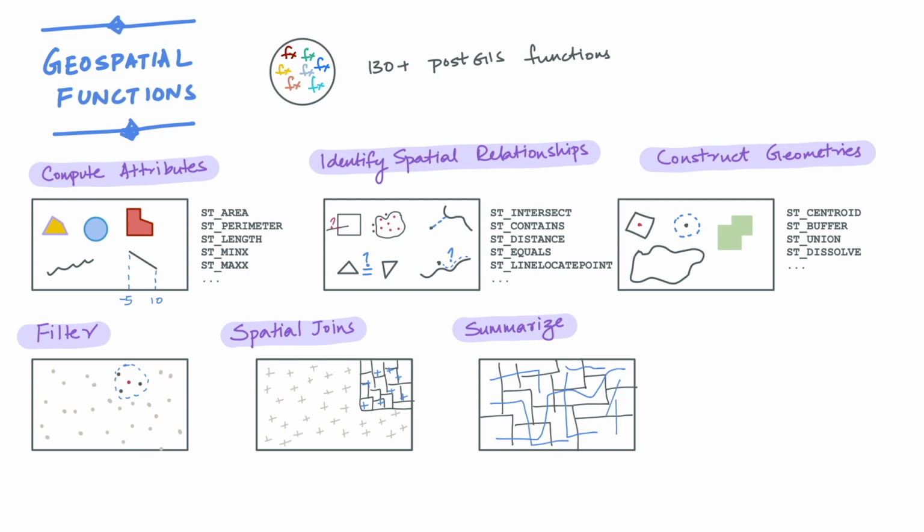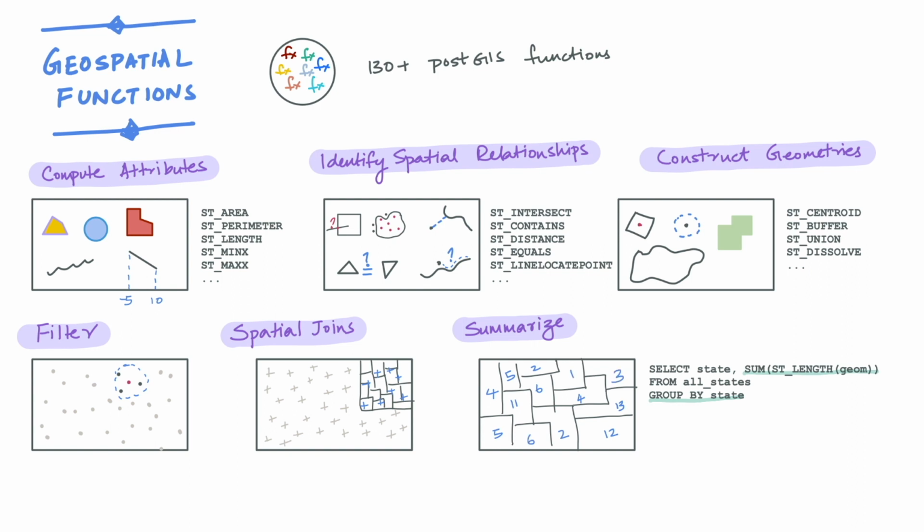A plausible analytical task for this type of data would be to calculate the total length of roads for each state in the table. We can do this by grouping the data by states and computing the total length of roads within each group using, say, an attribute function like st_length.